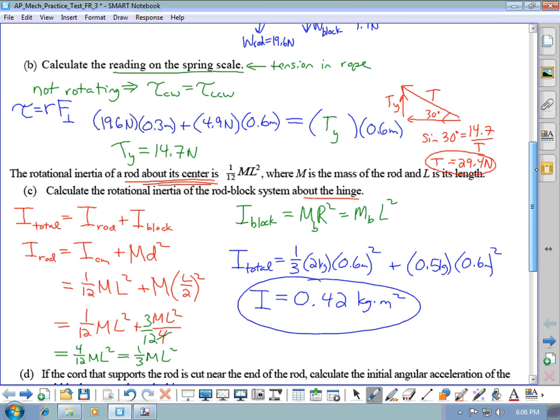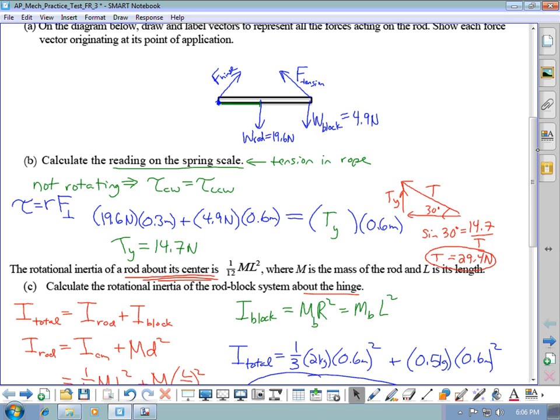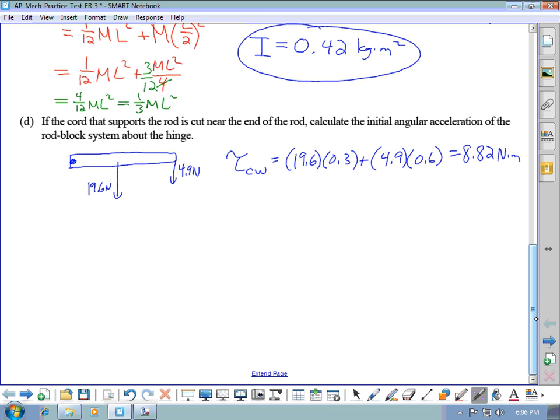Again, we had that already in part B. We used that to go through and solve for Ty. So we calculated that. That gave us 8.82. So we're just using that result. But now there's nothing canceling that torque out. So the angular acceleration is the net torque divided by the rotational inertia.